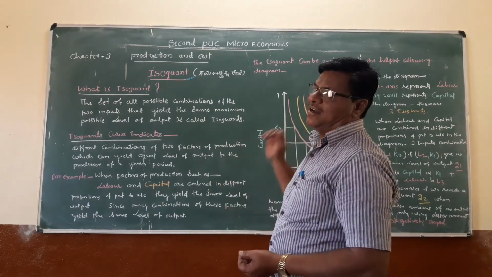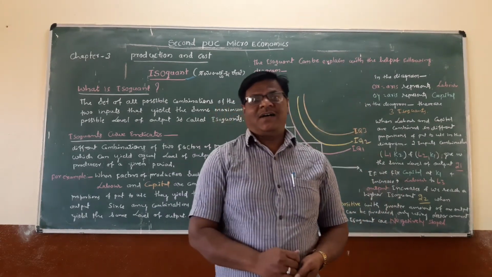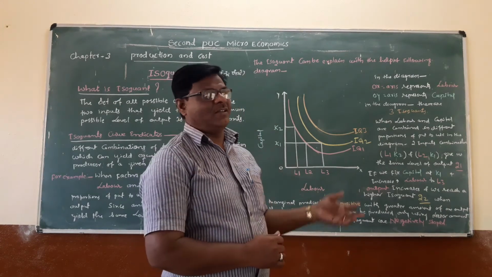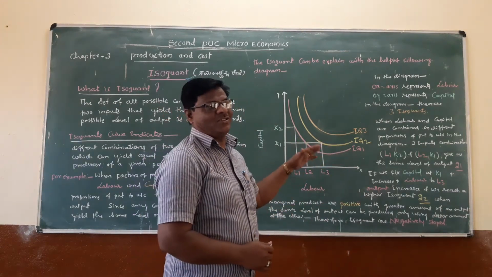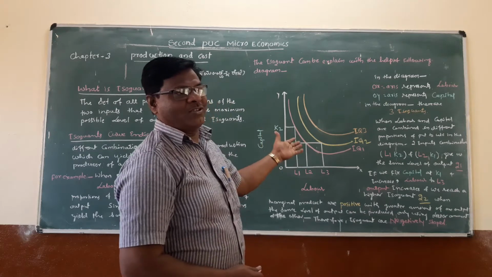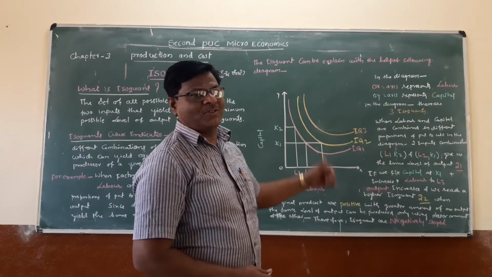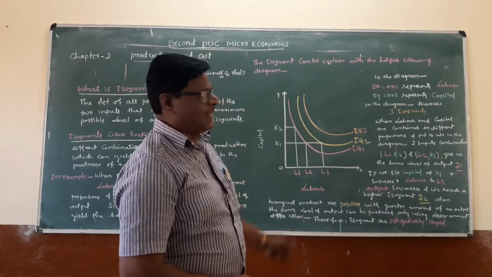Let us understand the isoquant curves with combinations of two factors of production producing the same level of output, as given in this diagram.